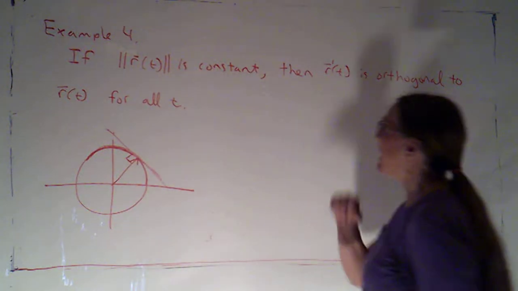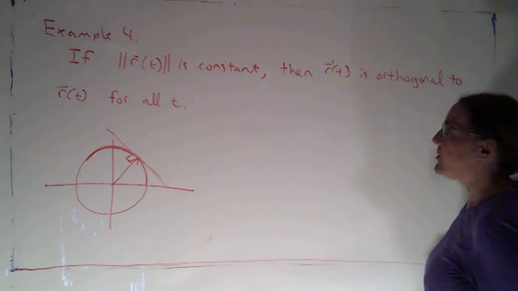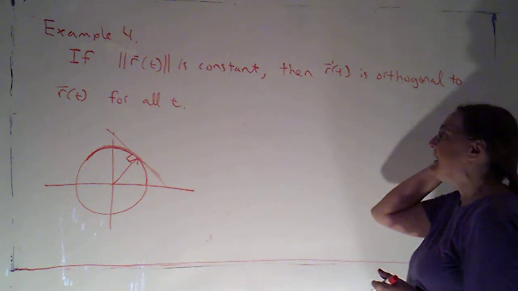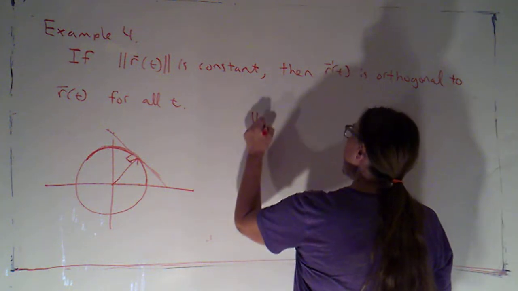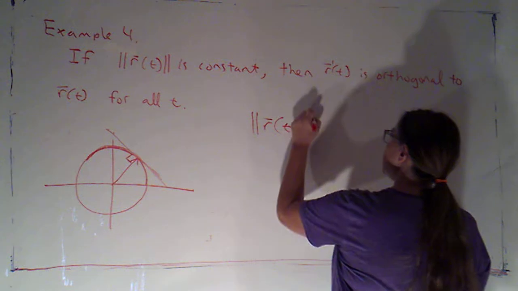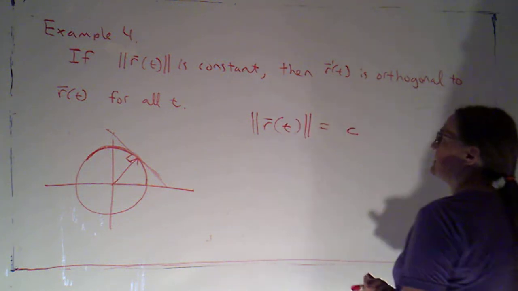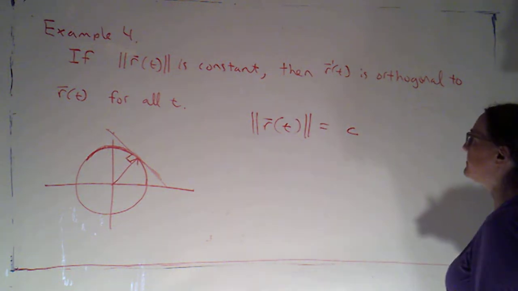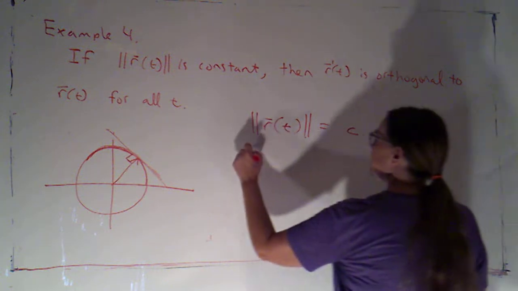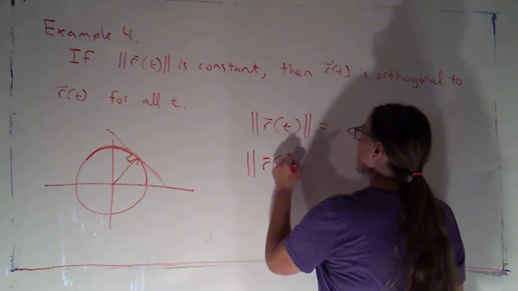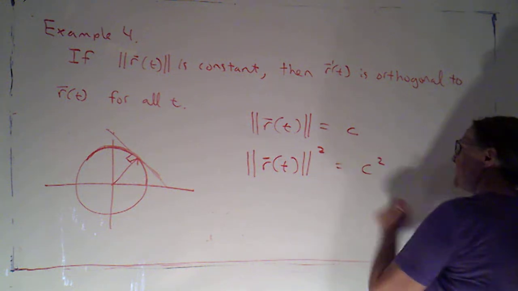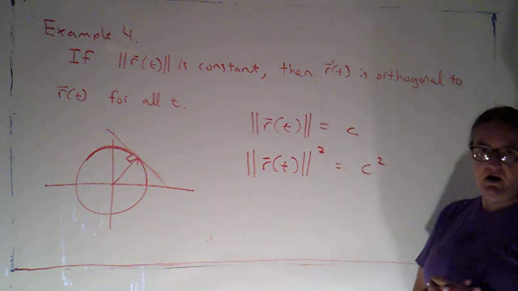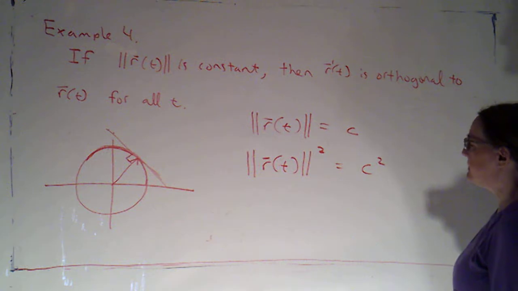Okay. So let's suppose that we've got r of t is a differentiable vector valued function, and the magnitude of r of t is constant. Okay. Well, that's going to mean that the magnitude of r of t squared is also constant. It would just be that same constant squared. Okay.